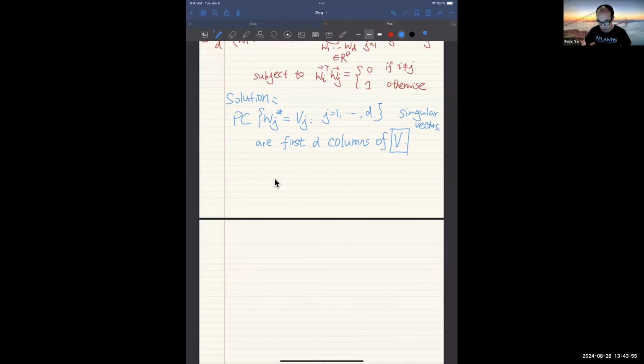Okay, that means we can actually stack these columns Vj, and then that becomes a matrix. So here we define this Vd, a matrix where I stack V1, V2, up to Vd, one for each column. Then that becomes a big D by small d matrix.